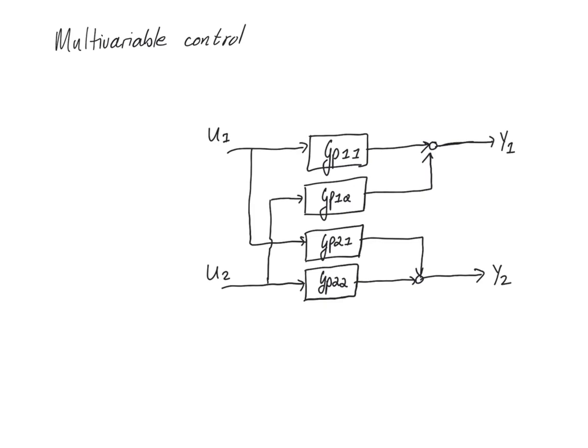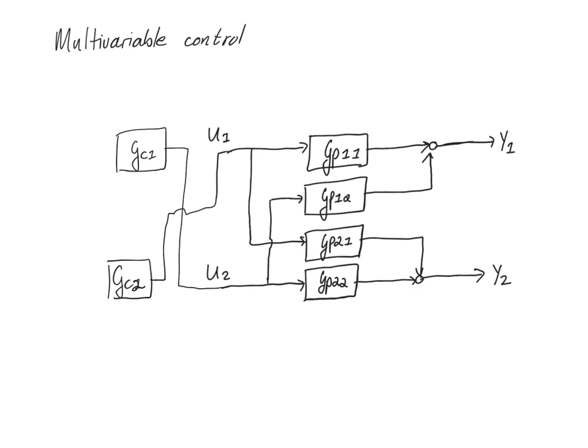Now we could have made a different decision. We could have used the manipulated variable 2 to control controlled variable 1. And what that would look like is our first controller would actually be connected to u2, while our second controller would be connected to y2.